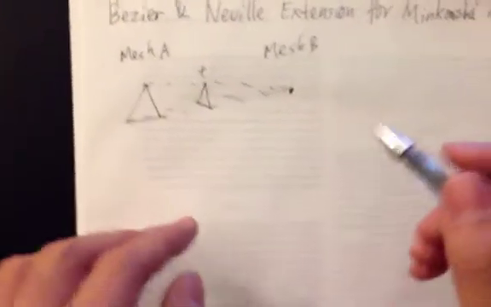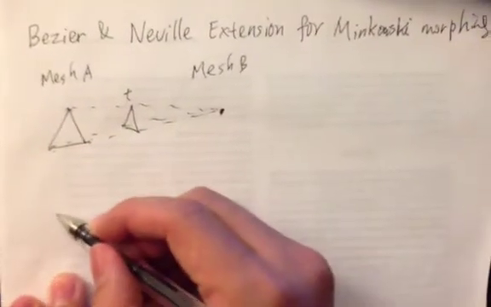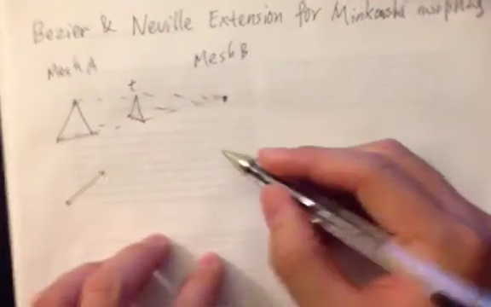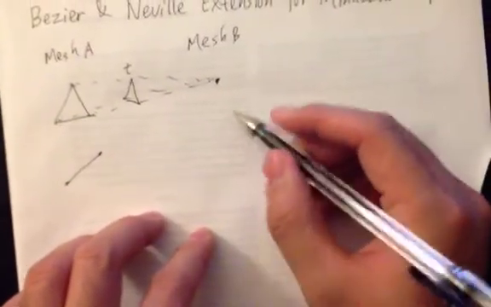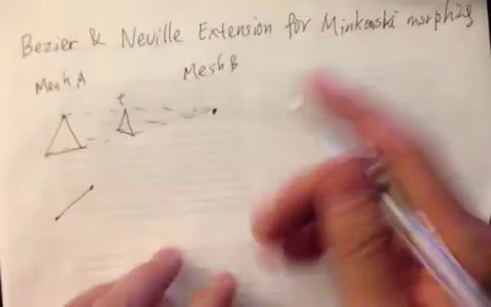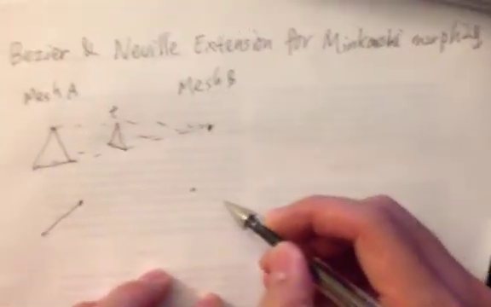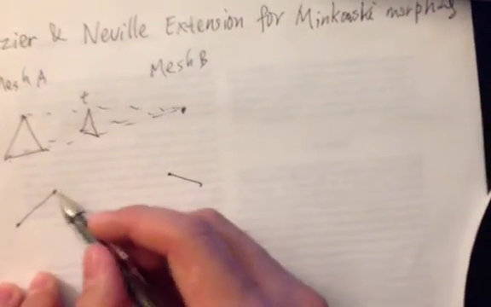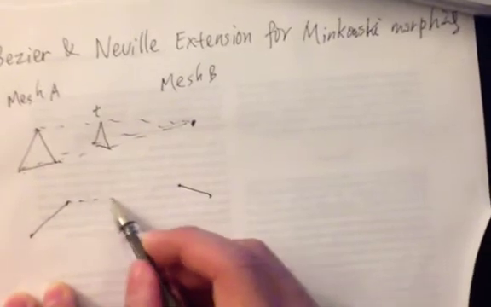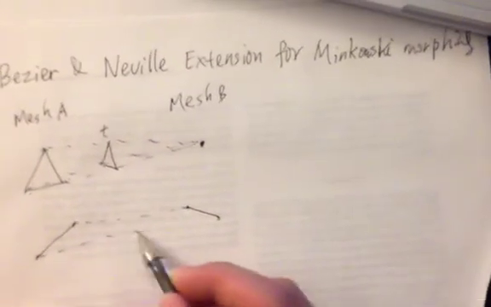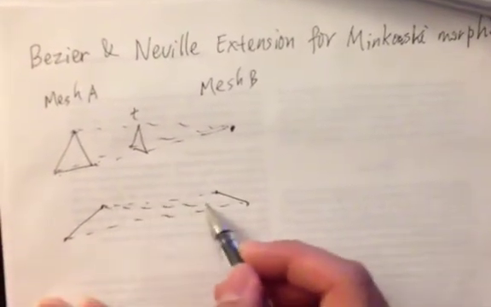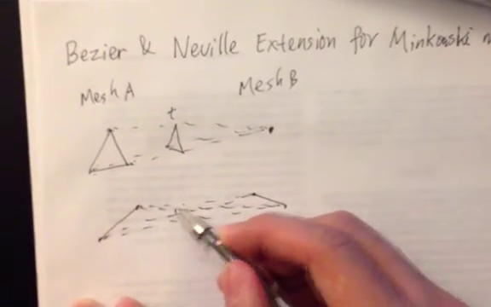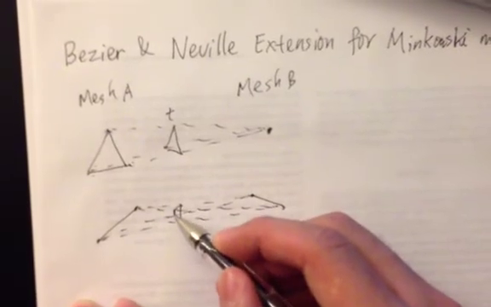For edge to edge matching, we have an edge in mesh A. We want to find an edge in mesh B, or maybe more than one edge in mesh B. Maybe this one. Then for these 4 points, we can connect every pair of them to have a quad, basically something like this.